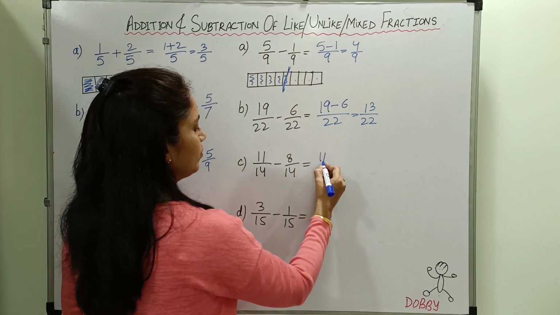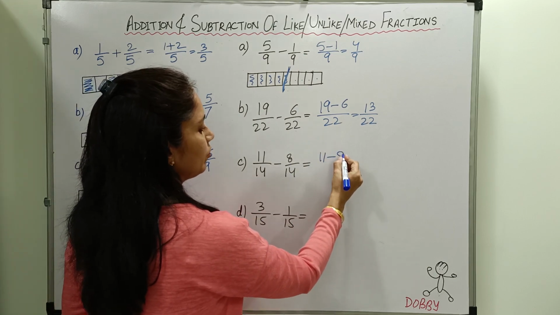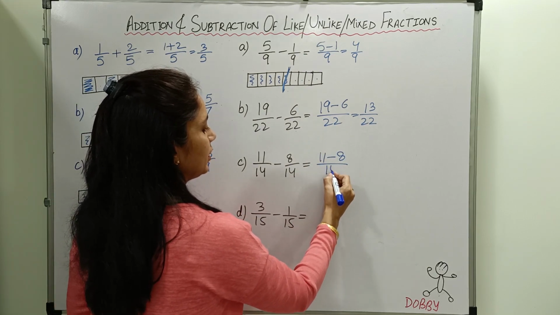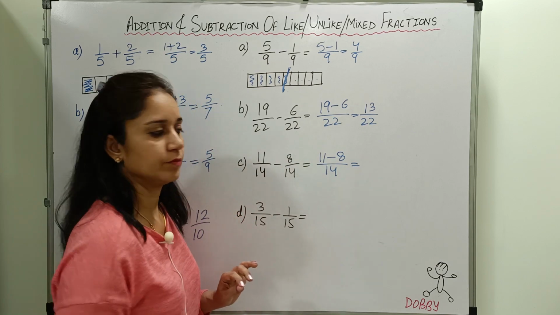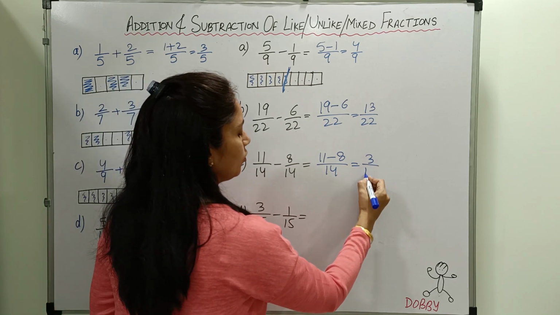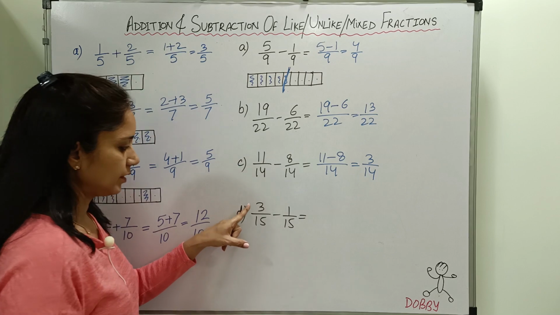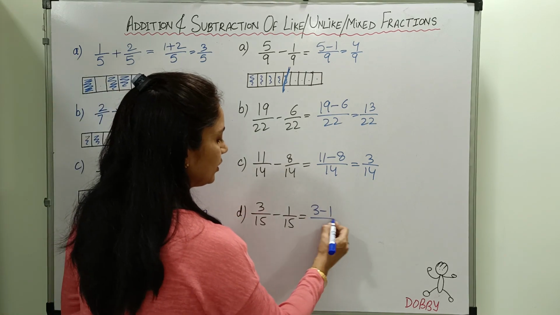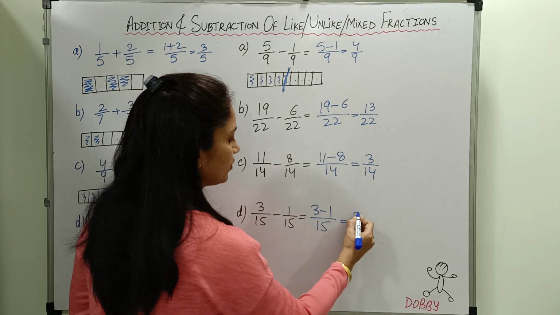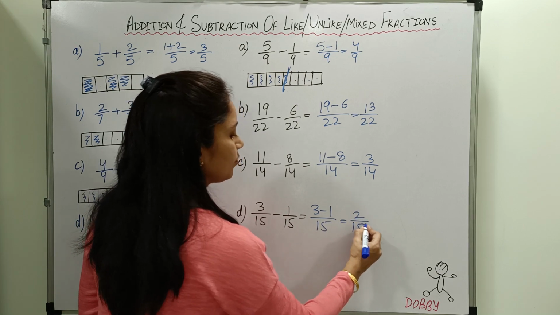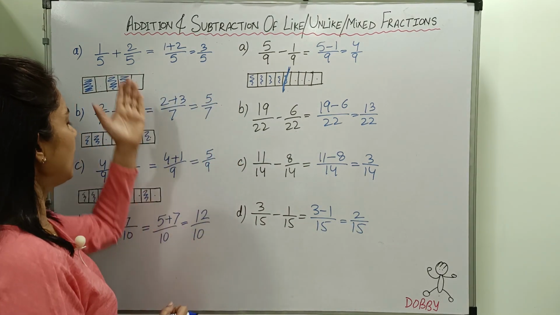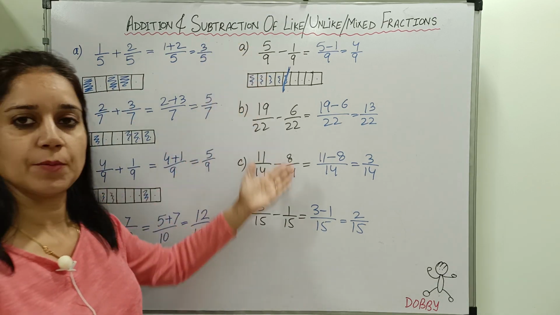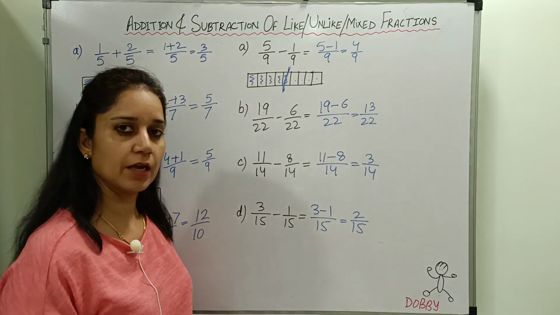Now 11 upon 14 minus 8 upon 14 becomes 11 minus 8 upon 14. It is 3 upon 14. Next sum, 3 upon 15 minus 1 upon 15. It will be 3 minus 1 upon 15 gives us 2 upon 15. So addition of like fractions and subtraction of like fractions is done now.